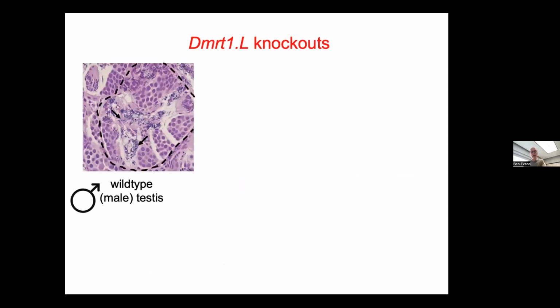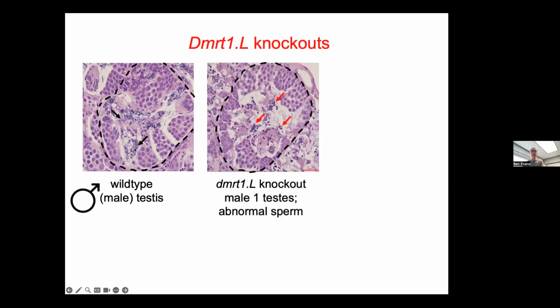DMRT1L, on the other hand, had a strong and severe phenotype in both sexes that was quite distinctive. Again, here's a wild-type individual, and you can see the seminiferous tubule and normal sperm in purple. In this individual male, and we knew it was male because it didn't amplify DMW but did amplify a positive control, the seminiferous tubule is present, but the sperm cells are not, or at least they're aberrant.